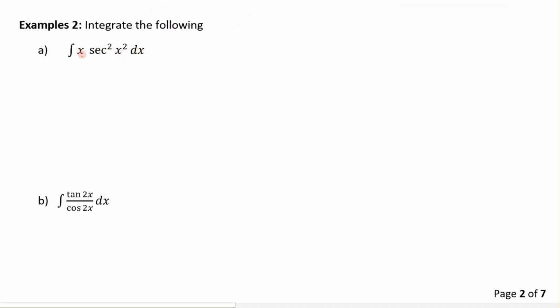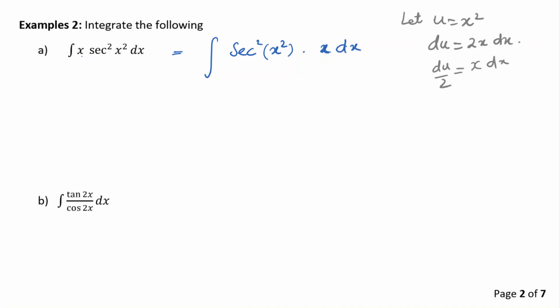So it means we have to use some kind of substitution here. Rewriting this, if I plug in x squared is equal to u, then the differential of u would be du, which is 2x dx. We can make that here easily. We just need to multiply by 2 and divide by 2.